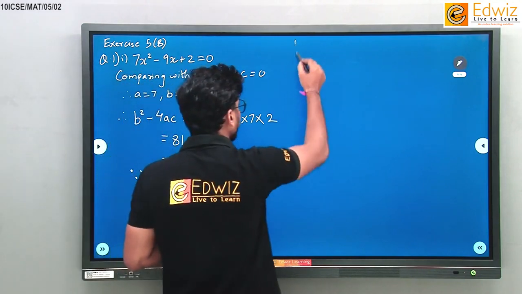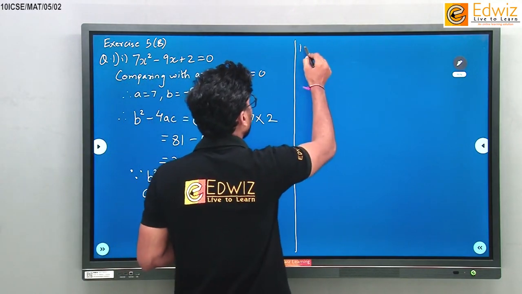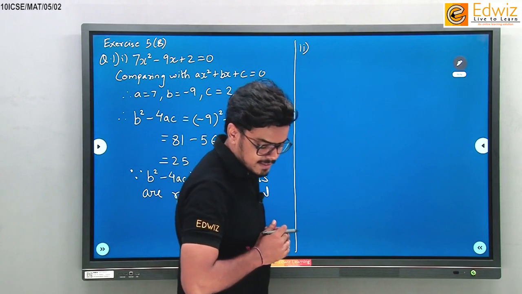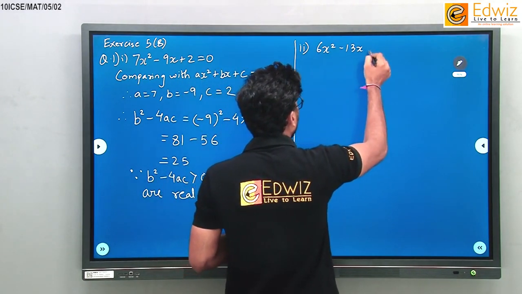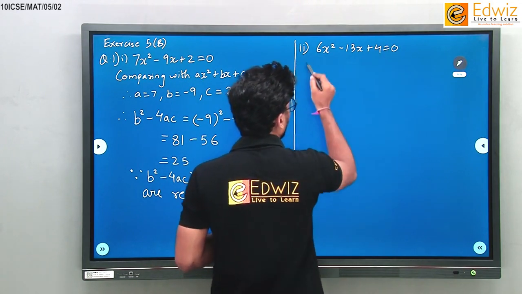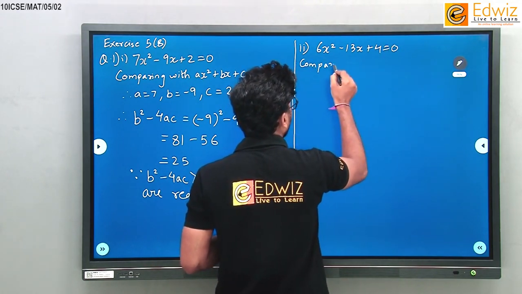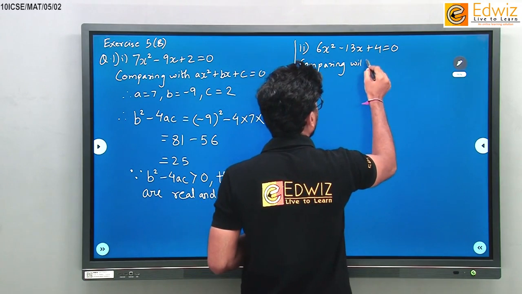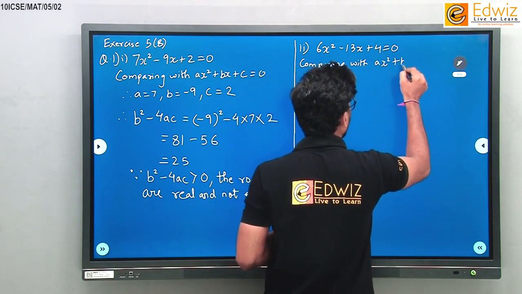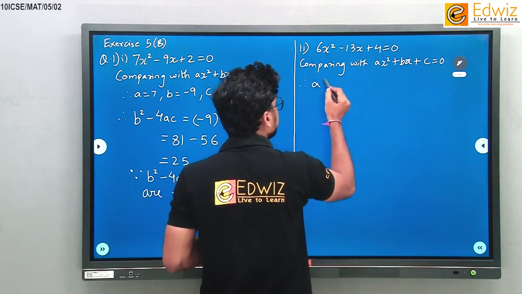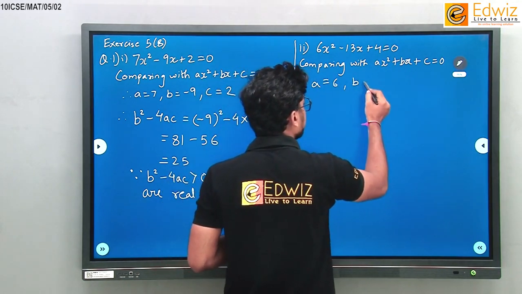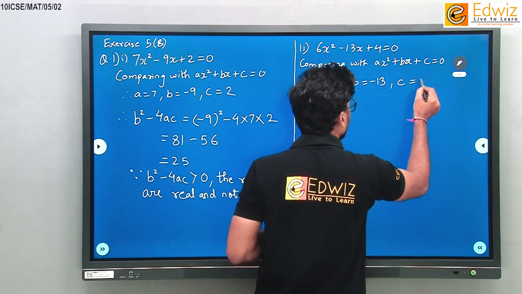Similarly, the second one also has to be solved in exactly the same way. The second equation here is 6x square minus 13x plus 4 equal to 0. So compare with the standard form, that is ax square plus bx plus c equal to 0. You will find out a is 6, b is minus 13 and c is 4.